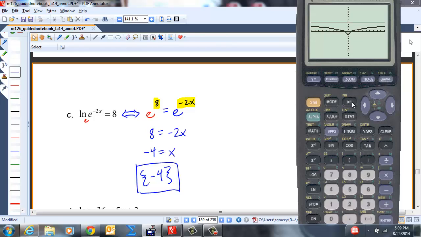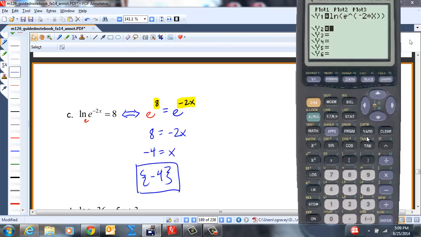Okay, so we will have y equals natural log of e raised to the negative 2 times x.